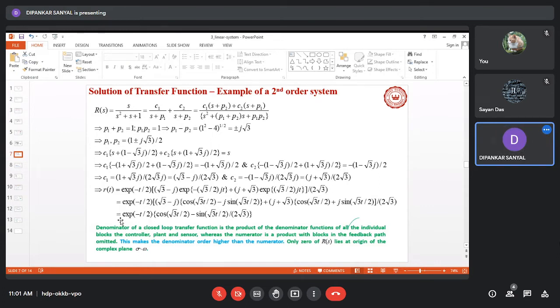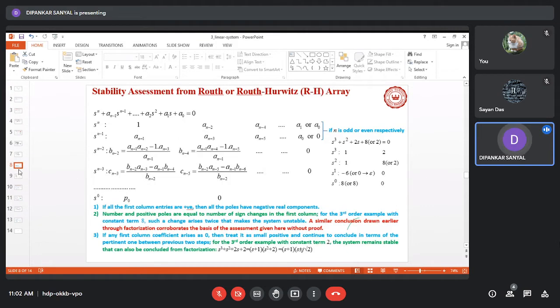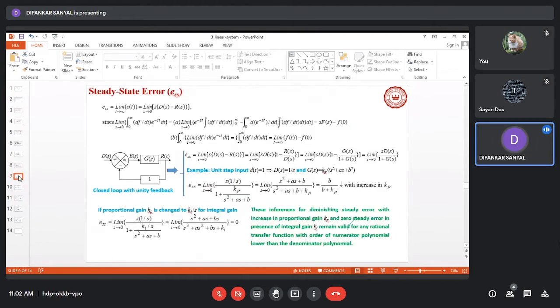So the presence of the exponential would mean asymptotic decay to zero, and the absence of this exponential term but presence of only these periodic terms would imply bounded stability by the amplitude of the periodic function. So these are two important observations that we require to continue further.